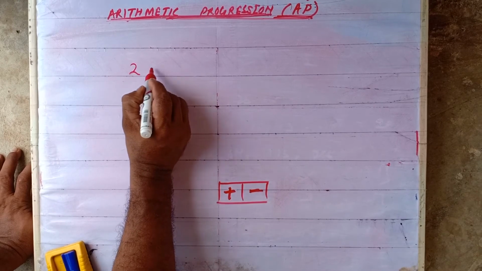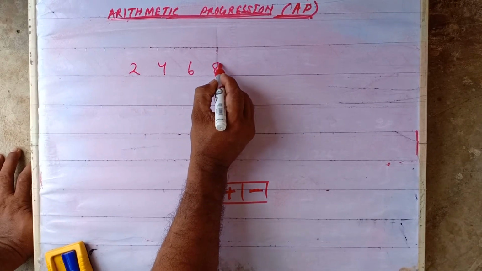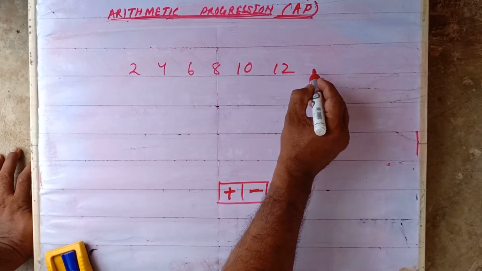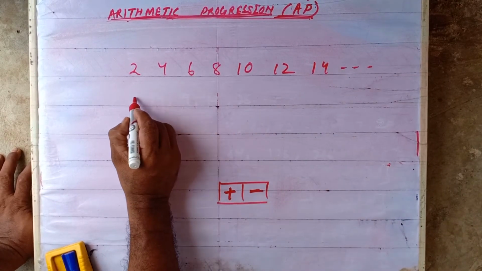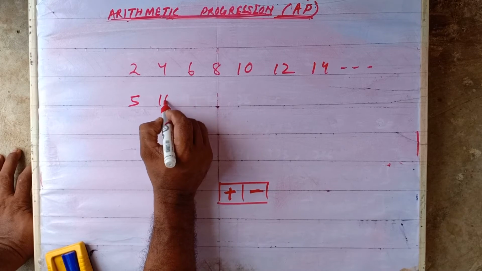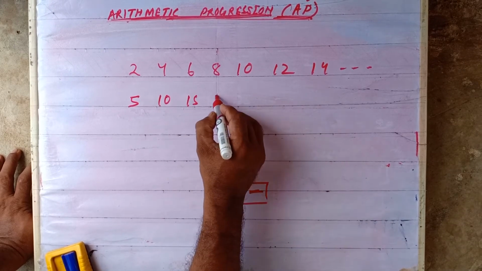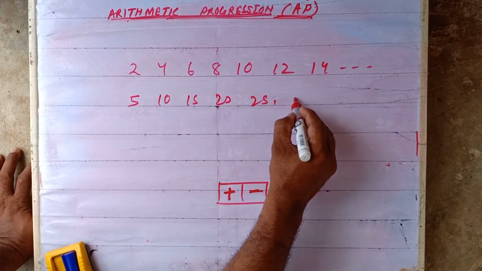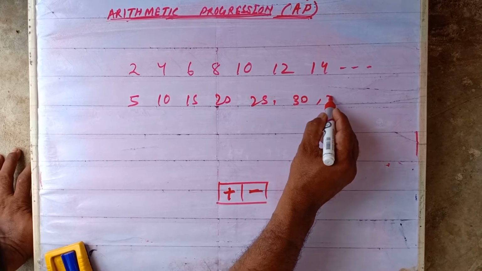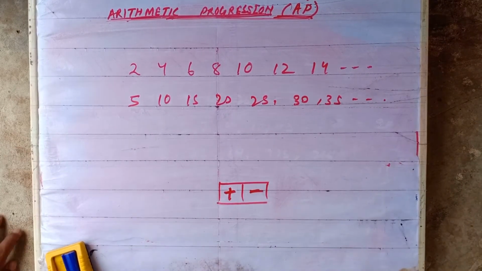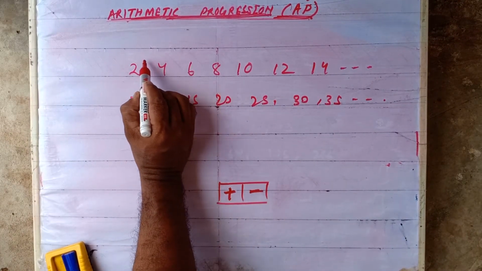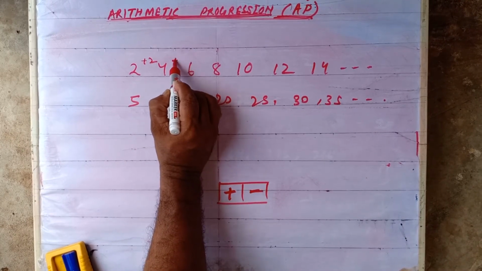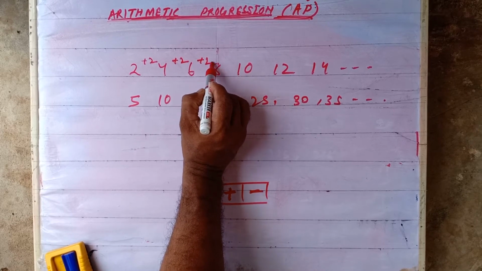See, I'll write 2, 4, 6, 8, 10, 12, 14, and so on. Another one I'll write 5, 10, 15, 20, 25, 30, 35 and so on. In the first sequence, each next number is increased by 2, increased by 2, increased by 2.